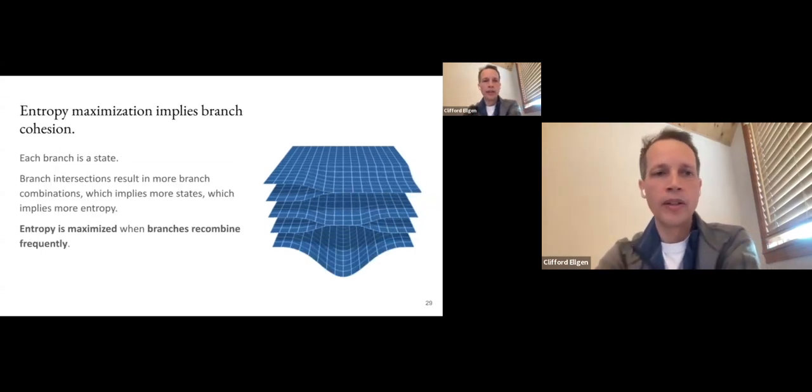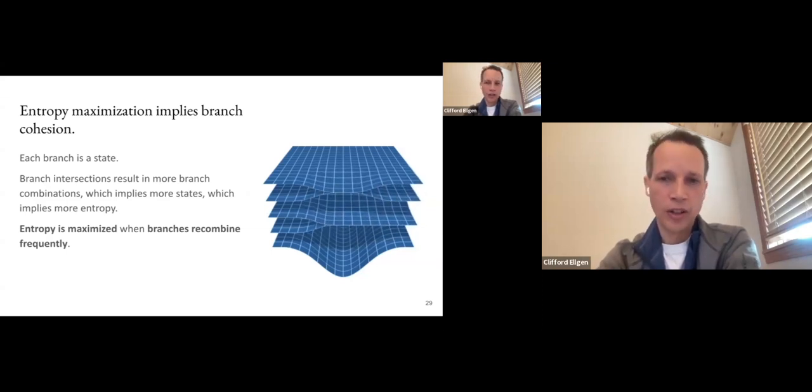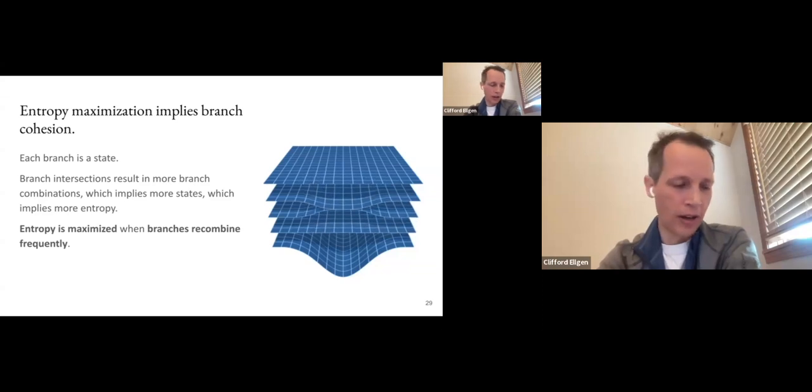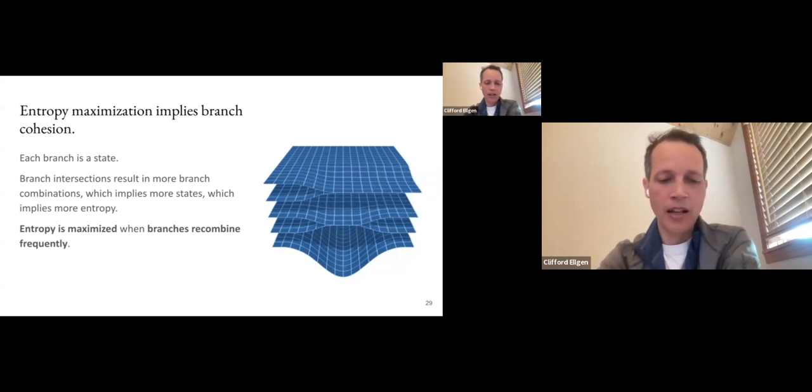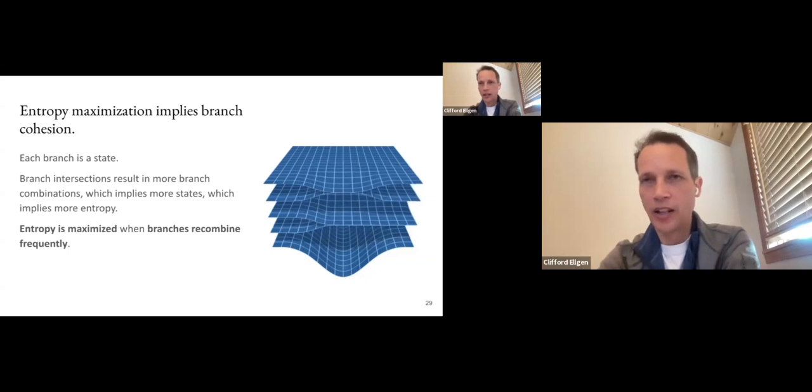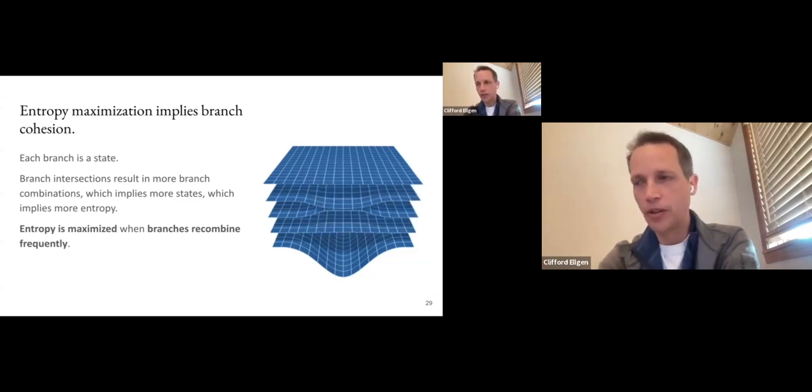One thing we note is that we actually get more distinct combinations of states when these branches intersect with each other. If I have two branches that are everywhere parallel and never intersect, then I have two different states: it can either be top branch or bottom branch, for example.